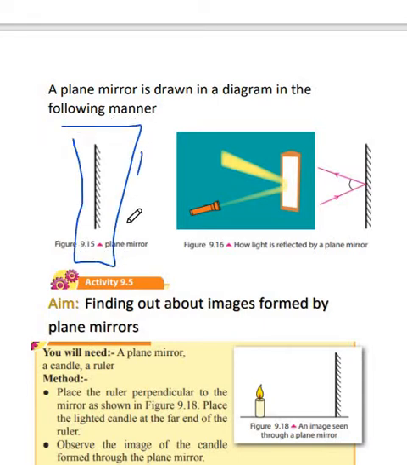It's basically a straight line with some slanted lines. So these over here are images of a plane mirror. If they ask you to draw a plane mirror, you just draw a straight line and you draw some slanted lines in the back of it.